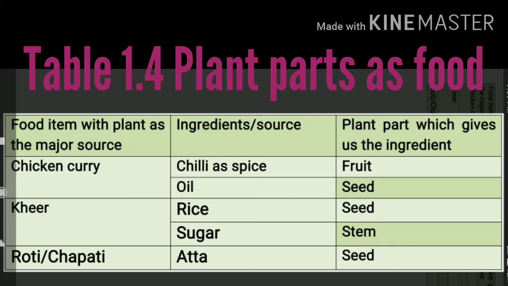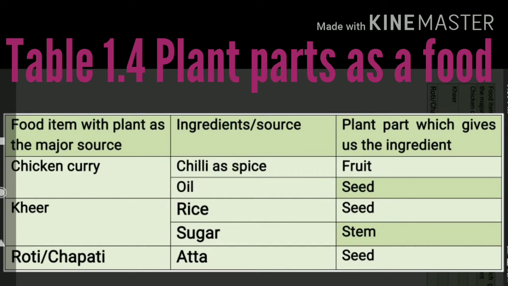Next food item we choose is kheer. To prepare kheer, ingredients needed are rice, sugar, ghee. But ghee we are getting from animals.